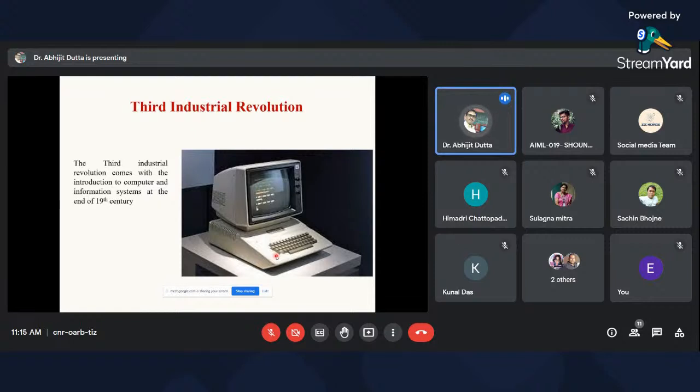And that automation is only possible with the introduction of the computer as well as the information system, right? So this was the third industrial revolution, and this automation also helps to minimize manpower. At the same time, it increases the accuracy of production.